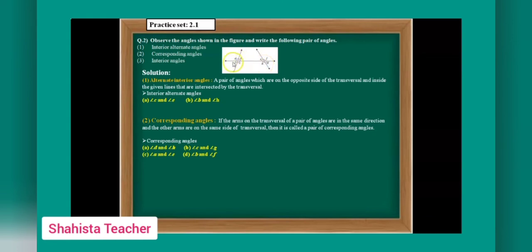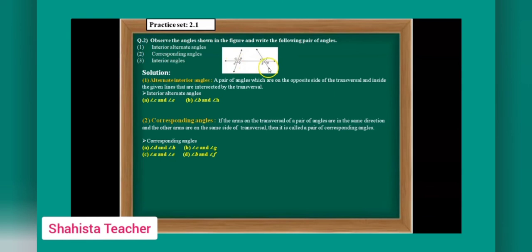And now here angle C, angle G. And here angle A, angle E. And angle B, angle F. Okay, so corresponding angle means same side, same direction. For angle D, angle H. See, this is an F shape.